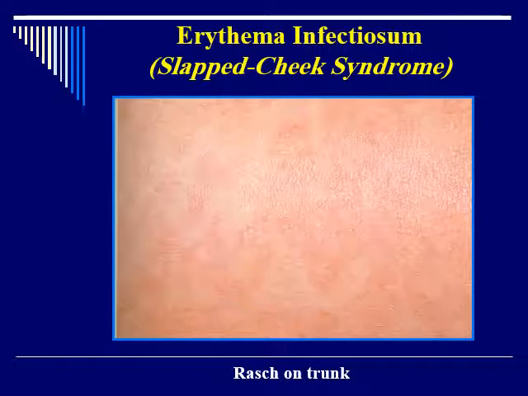This picture is of the characteristic rash of erythema infectiosum. What we call a reticular form, or mosaic-like, or lace-like. It's characteristic and is pathognomonic to erythema infectiosum.